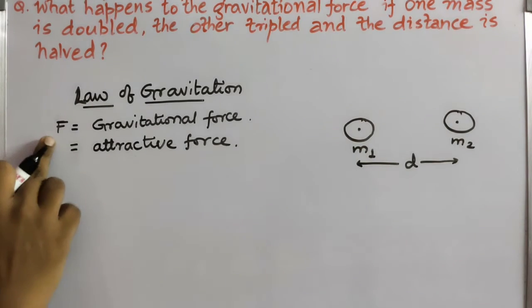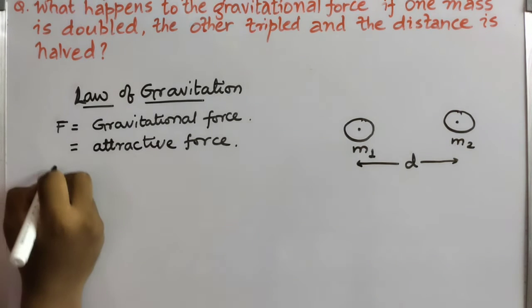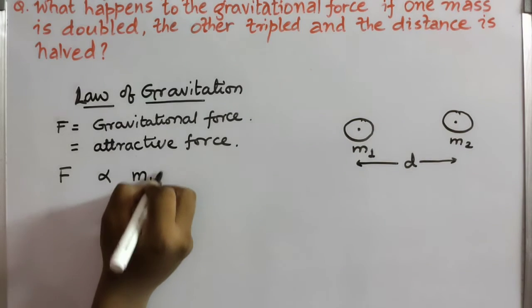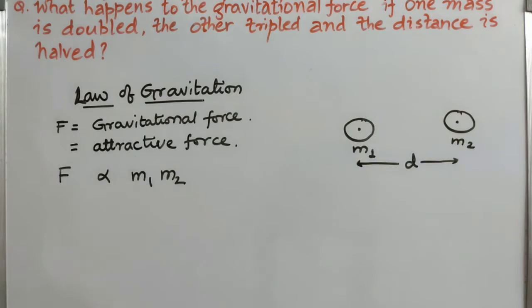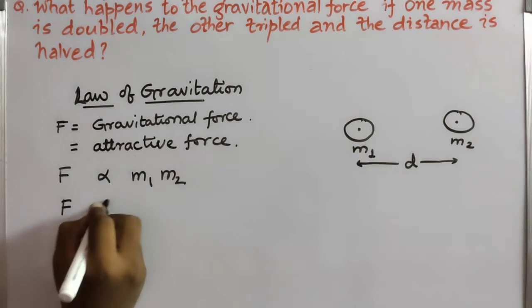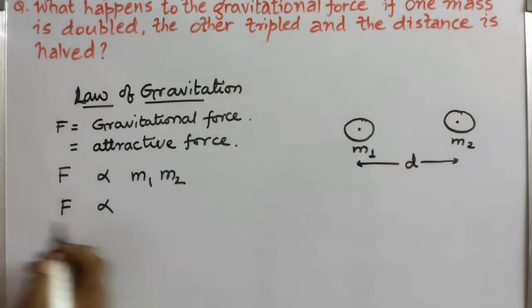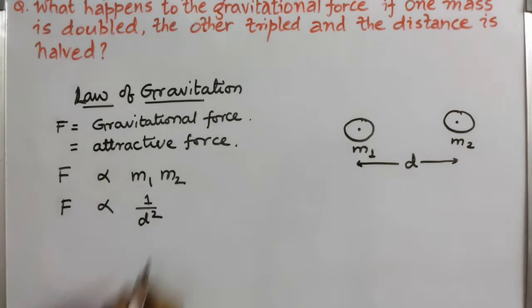So according to the law of gravitation, the gravitational force acting between these two masses is proportional to the product of the masses, m1 into m2, and this gravitational force is inversely proportional to the square of the distance between them, 1 by d square.